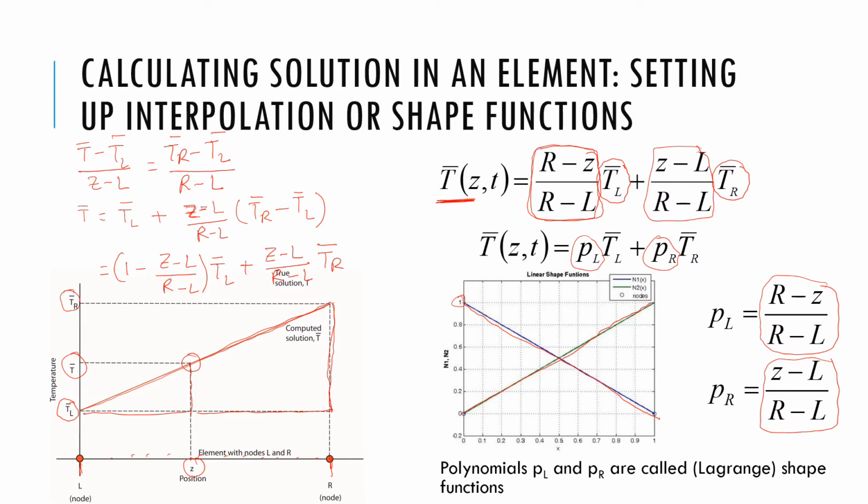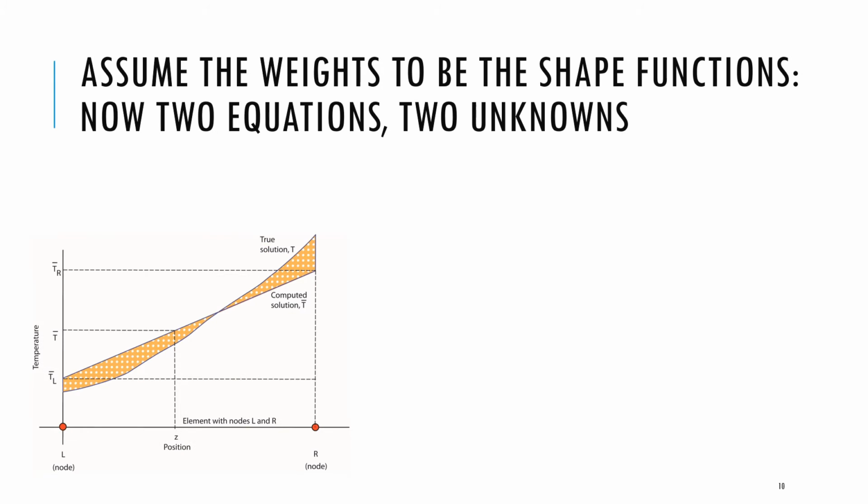So polynomials are also called the Lagrange shape functions, which we don't need to get into any more details. So back to the definition of error, we want to make the error to be 0 on the average.